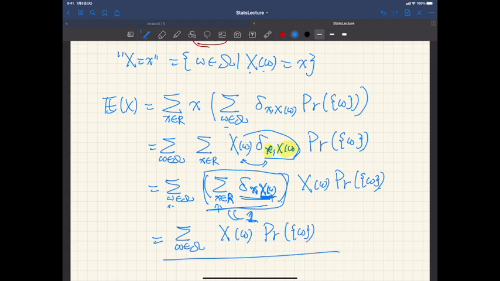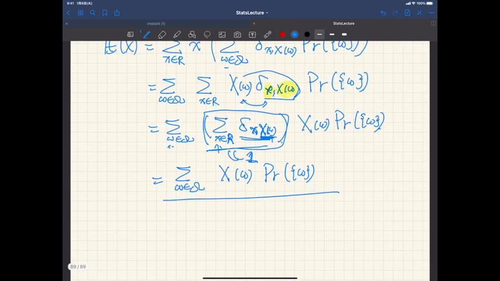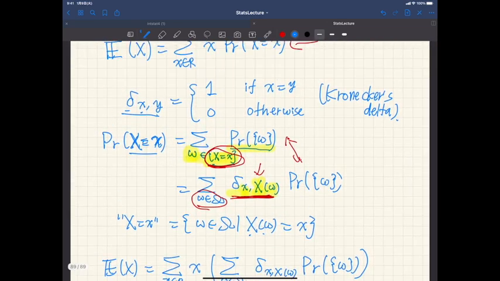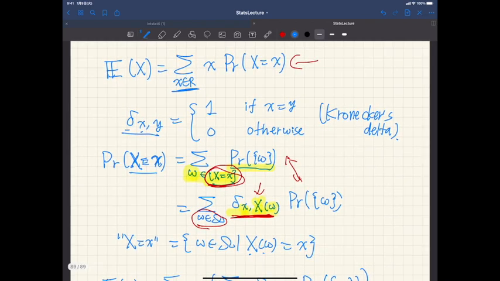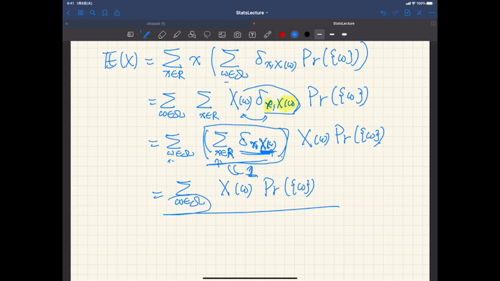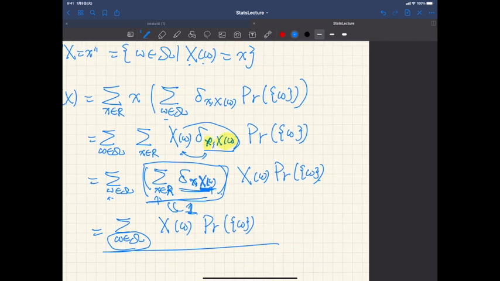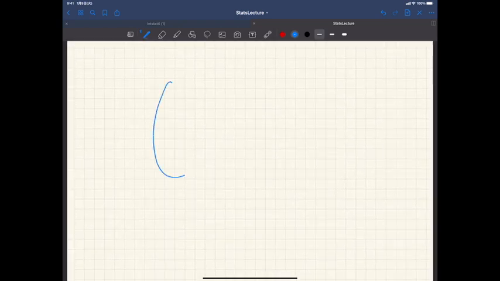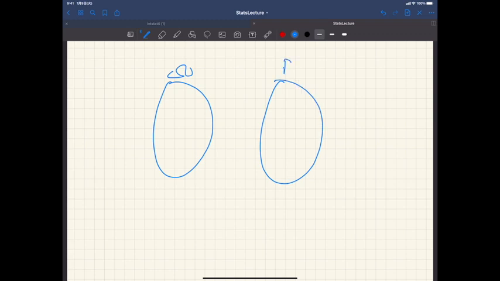So this can be another definition for the expectation value. Instead of taking the summation over the values of x, now we take the summation over all the values of omega. So in a sense, here we have the sample space and we have some subset of real numbers.